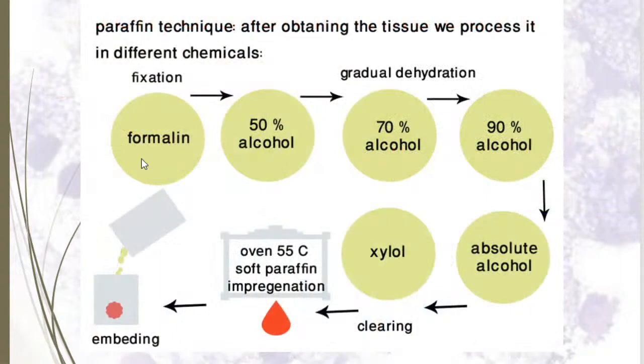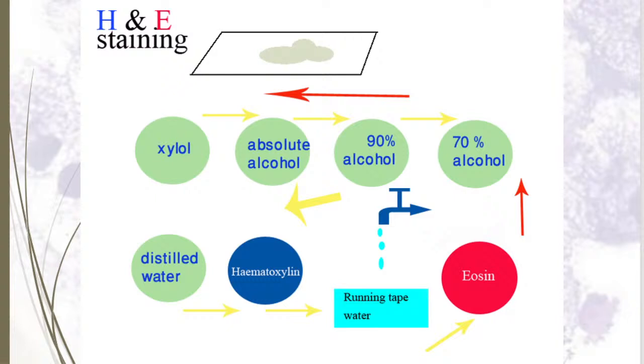Look, this is ascending alcohol: 50, 70, gradual, 90, 100 absolute. After that, clearing in xylol, soft paraffin impregnation at 55, embedding in hard paraffin, and we are ready for sectioning. After the sectioning, again xylol, absolute alcohol, 90 alcohol, 70 alcohol, distilled water.